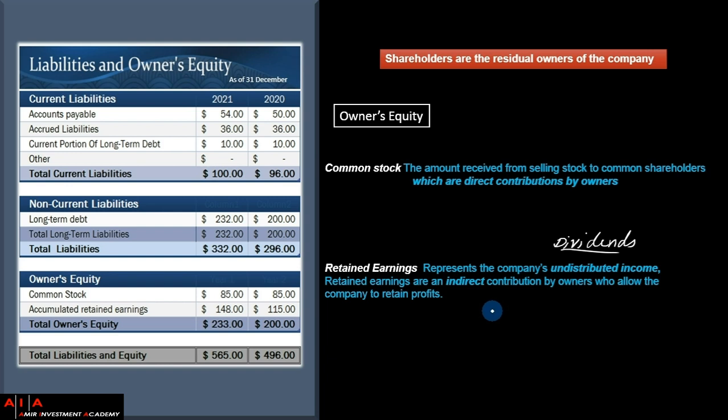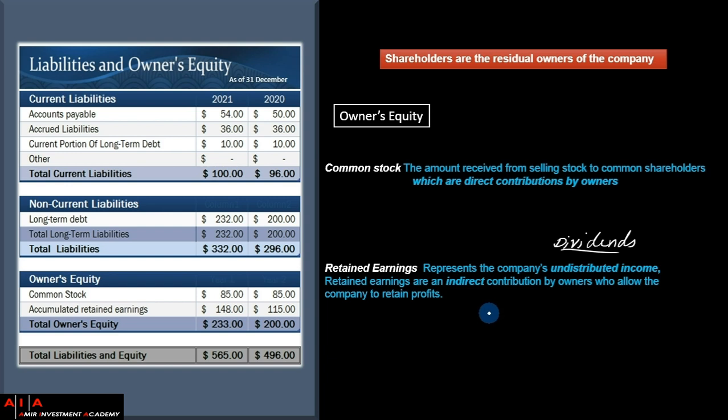So those profits that the shareholders allow to retain are called the retained earnings. That's why it is called an indirect contribution by the owners, right? Because the company is making the money, the shareholders are only allowing some of the profit to remain within the company, so it can be helpful in generating profit in the future.